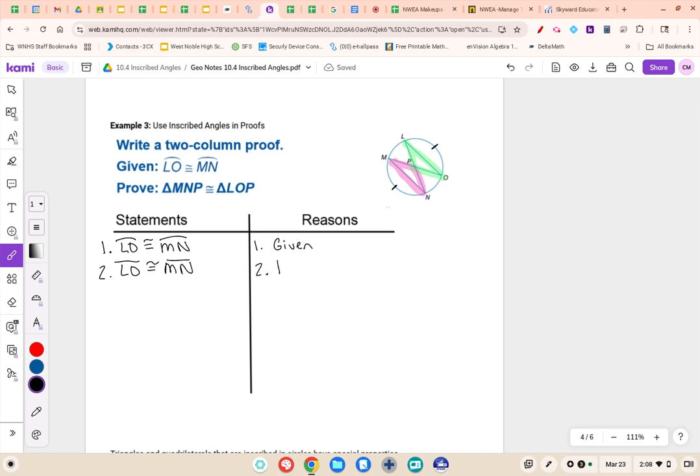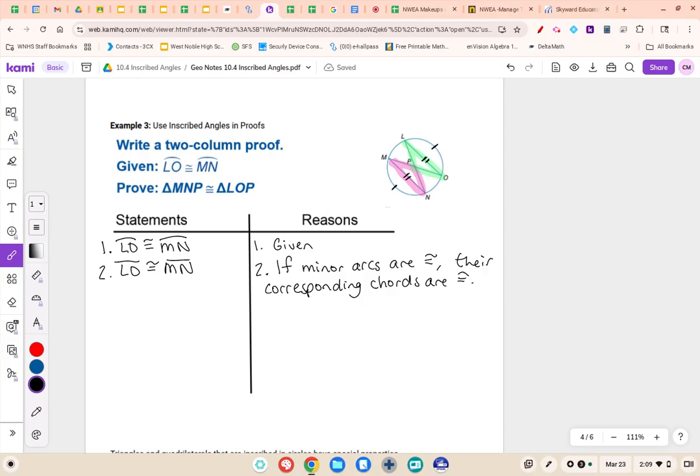It's kind of a long explanation here. It says if minor arcs are congruent, their corresponding chords are congruent. And I promise we did learn that. So we know these are congruent.